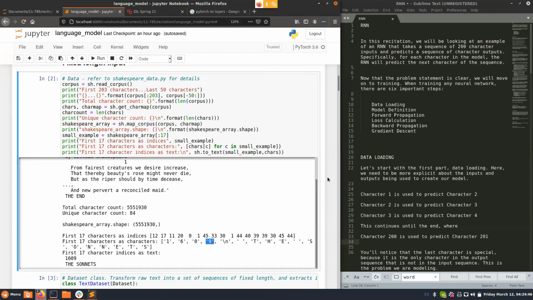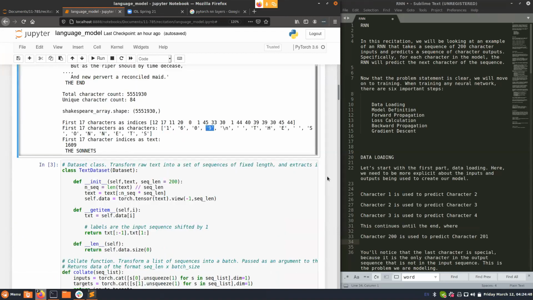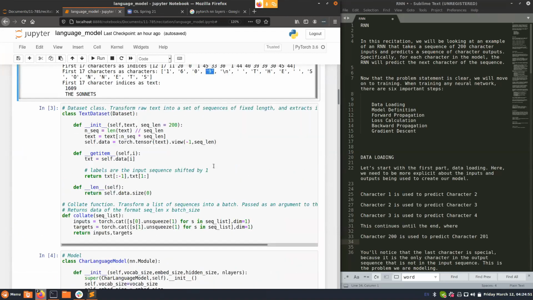Looking at the data loader, we're going to have a sequence length of 20, and we're going to look at all the characters up to but before the 20th character, and that will be our inputs, right?